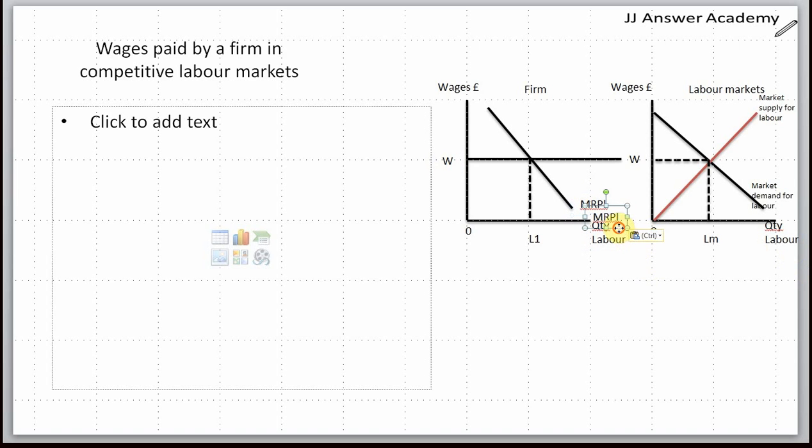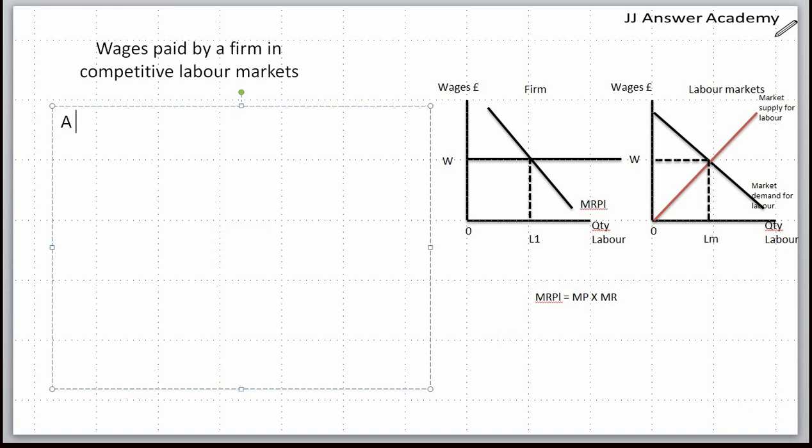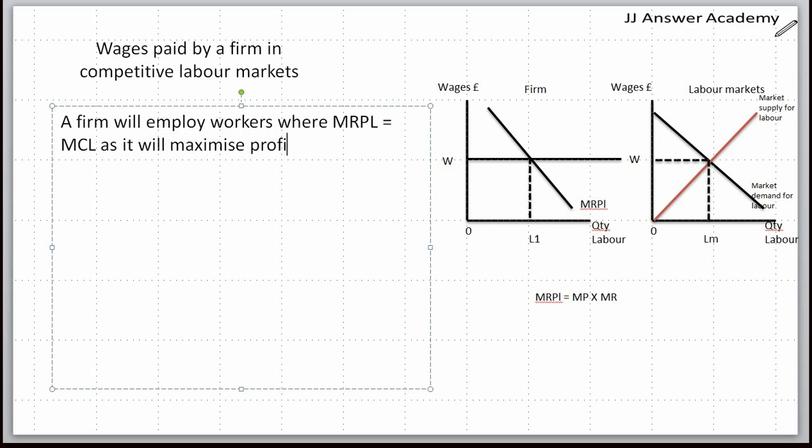MRPL is the marginal product of labor times the marginal revenue, or the price you can sell it at, and the firm will employ workers where MRPL equals MCL, as it will maximize profit at that number of workers.